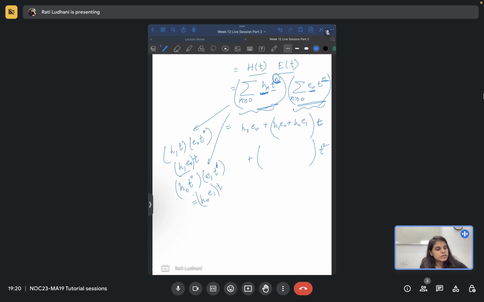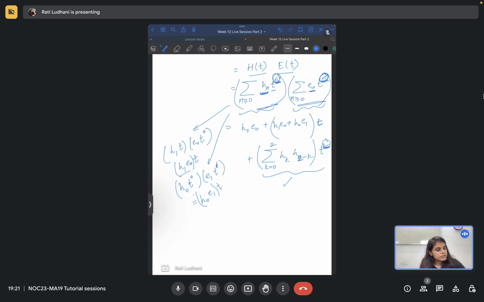We are just making sure the sum of degrees is 2. So we write h_k, then e_{n minus k}, with n minus k meaning 2 minus k, and k going from 0 to 2.